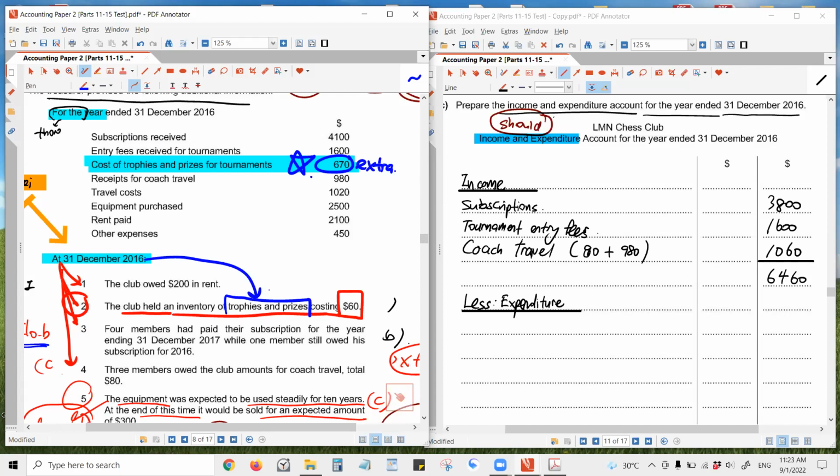Okay, and in the current year, you have used only $610 worth of trophies and prizes. You have distributed $610 worth of prizes to the winners. And at the year end, you are left with $60 worth of trophies and prizes.